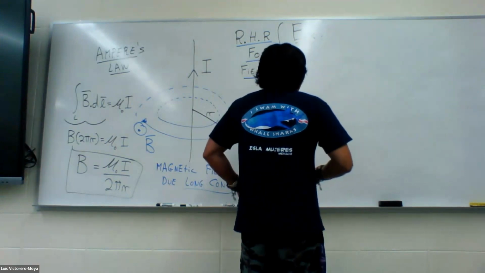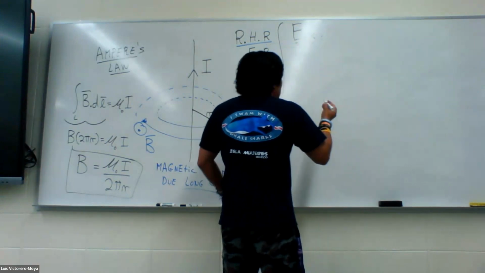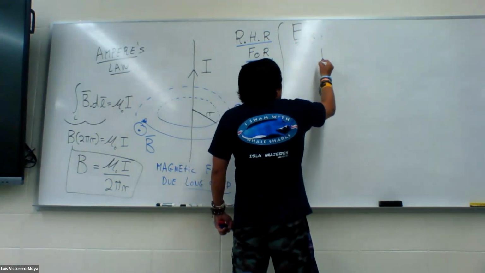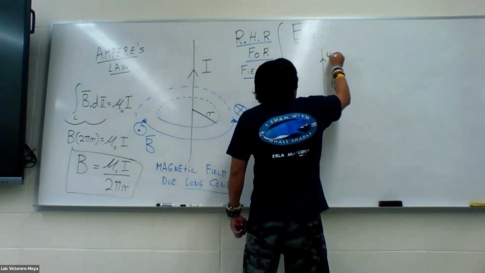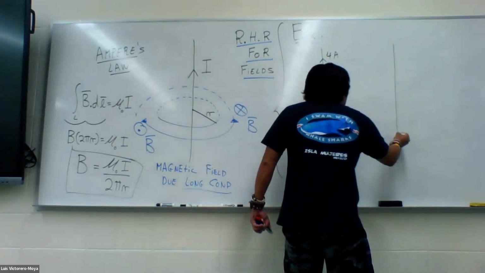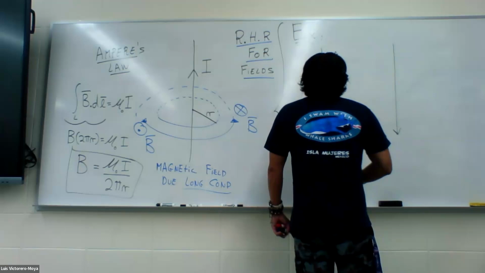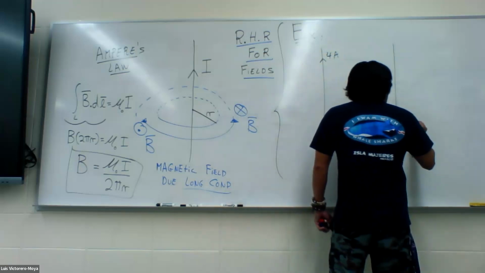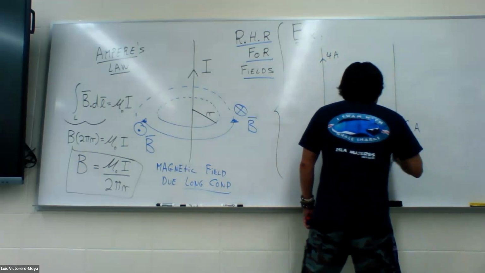And let's say you have 2 wires. One here carrying 4 amperes, and one here going down carrying 6 amperes.